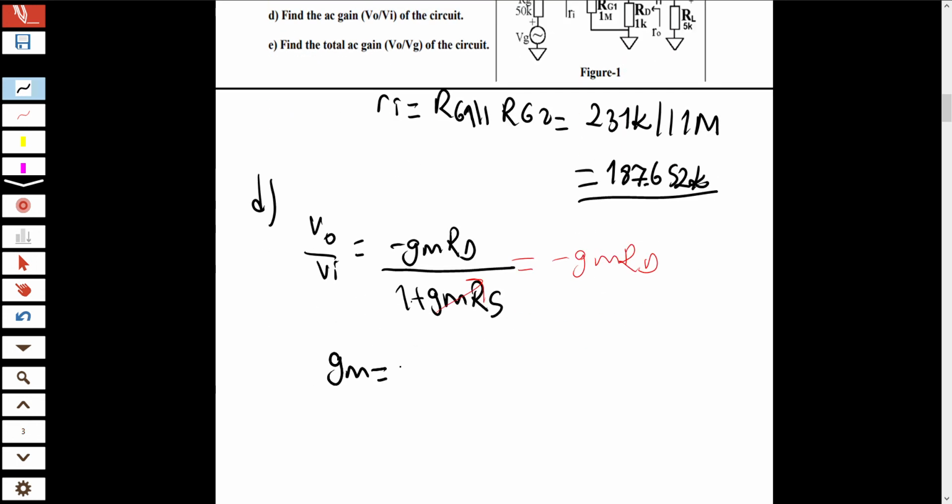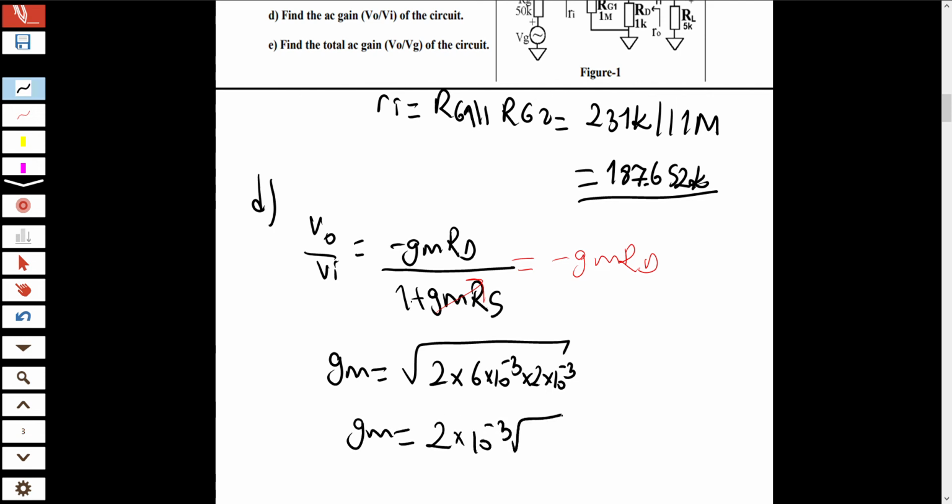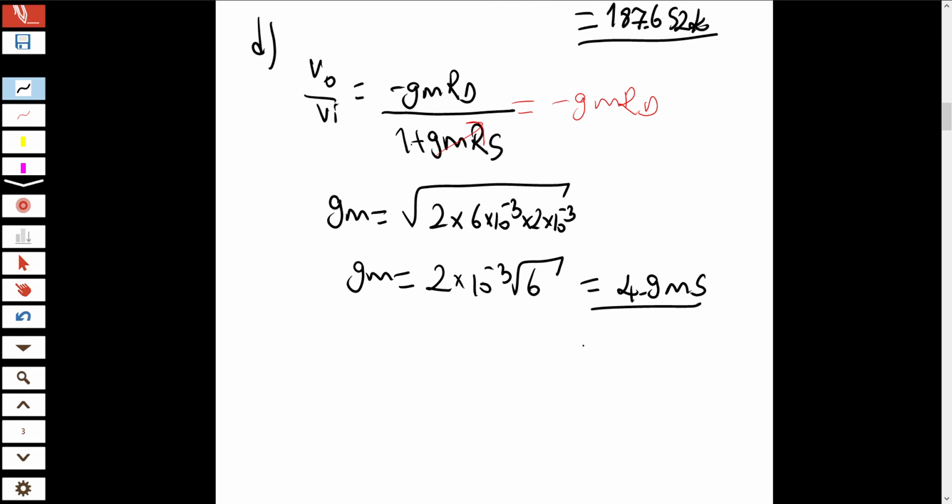Gm equals 2 times beta, which is 6 milliampere per volt square, and current is 2 milliampere, so Gm equals 2 times 10 to the minus 6 to the power, this is 4.9 millisiemens.